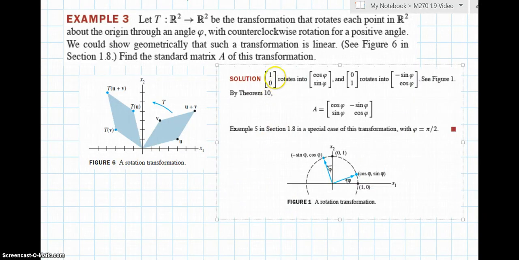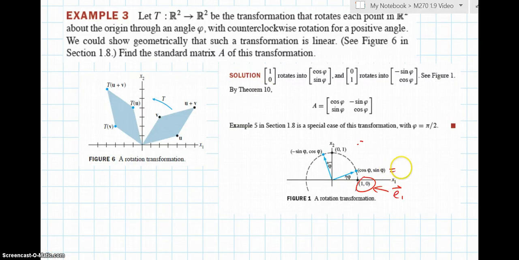And here's the solution. Here's E1, and this would be T of E1. That makes sense because (1, 0) rotates into (cosine phi, sine phi). Cosine of any angle is the adjacent over the hypotenuse.